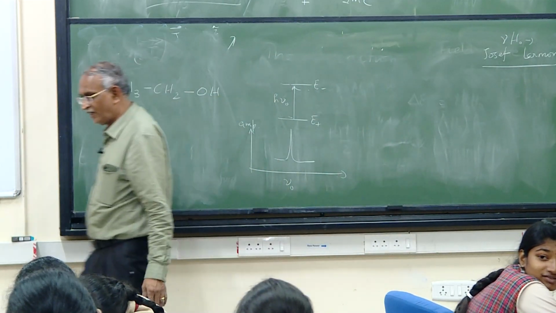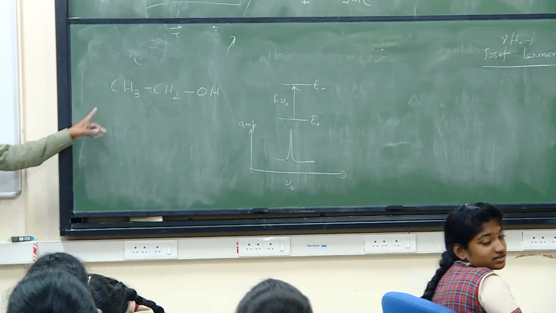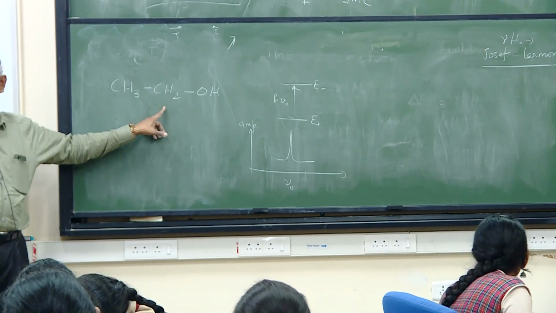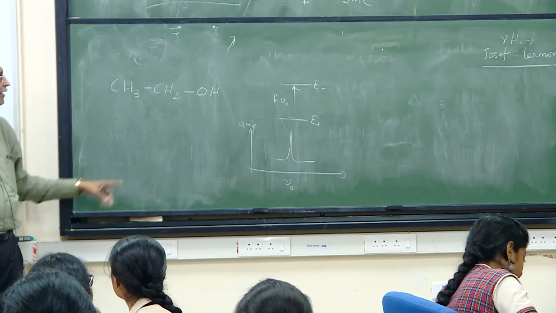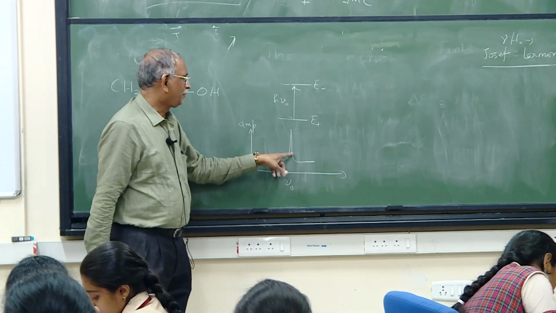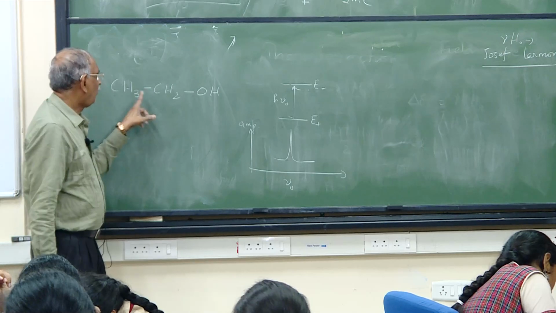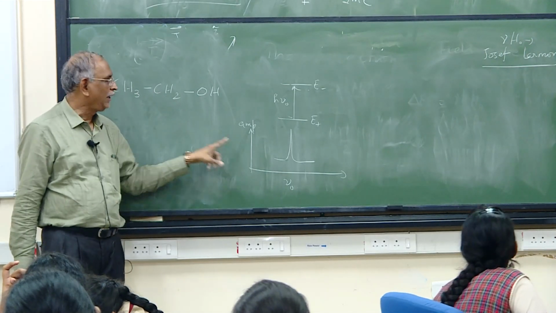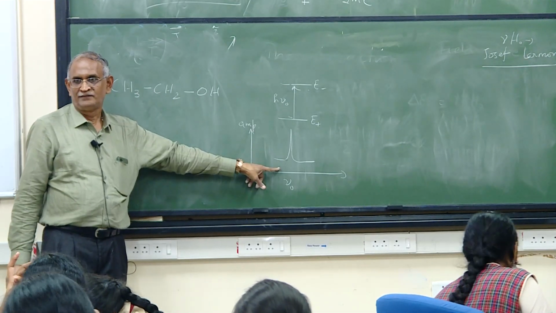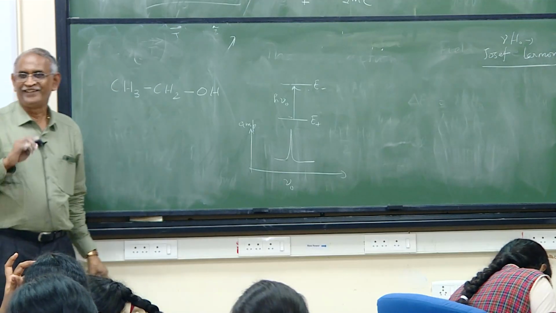Now, what is interesting is the spectrum of this. This is ethanol. If there is a proton magnetic resonance, and if all the protons have the same magnetic field, you should get only one line. They got 3 lines.